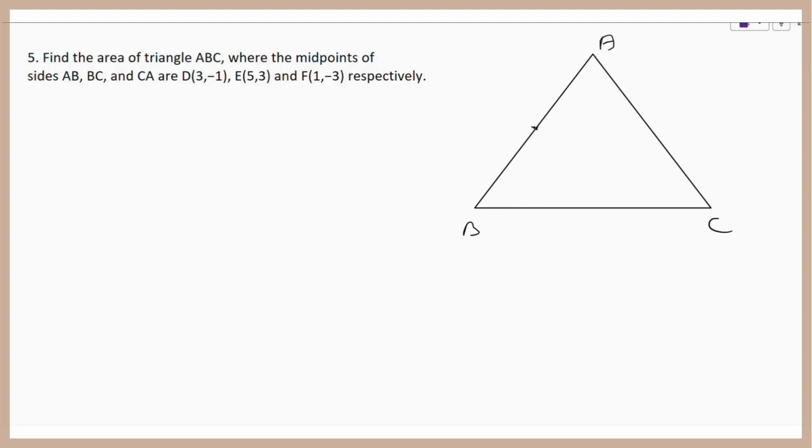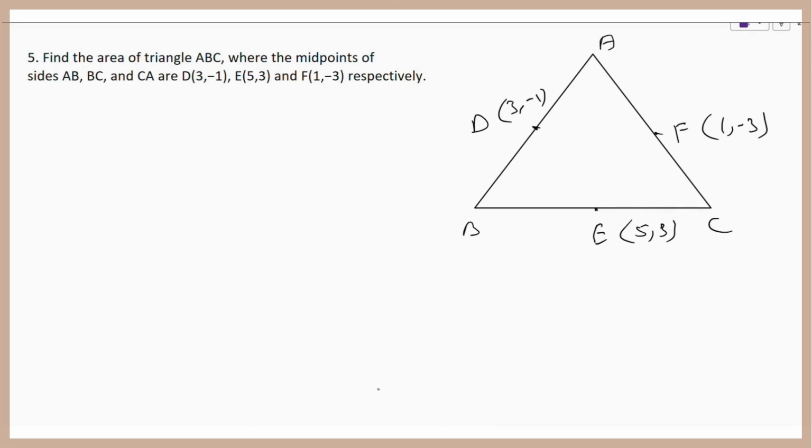So D is here, and E being the midpoint of BC, this is E, and F being the midpoint. We know the coordinates of this, which is 3, minus 1, and this is 5, 3, and F coordinate is 1, negative 3.